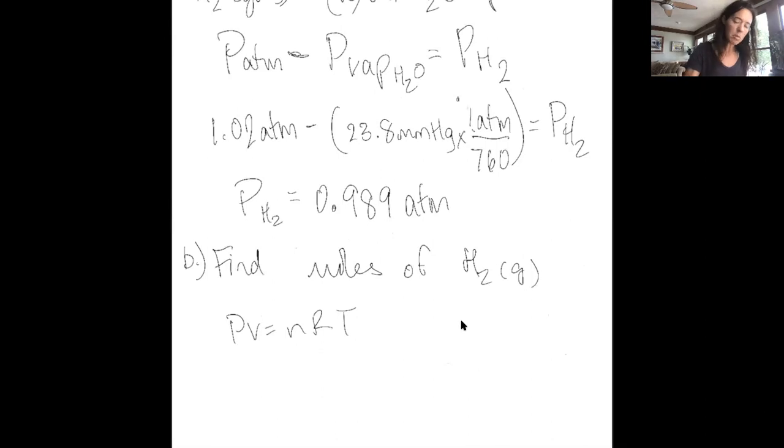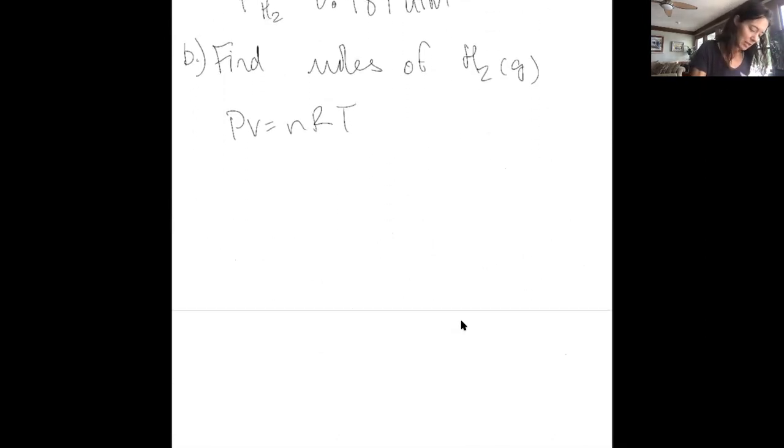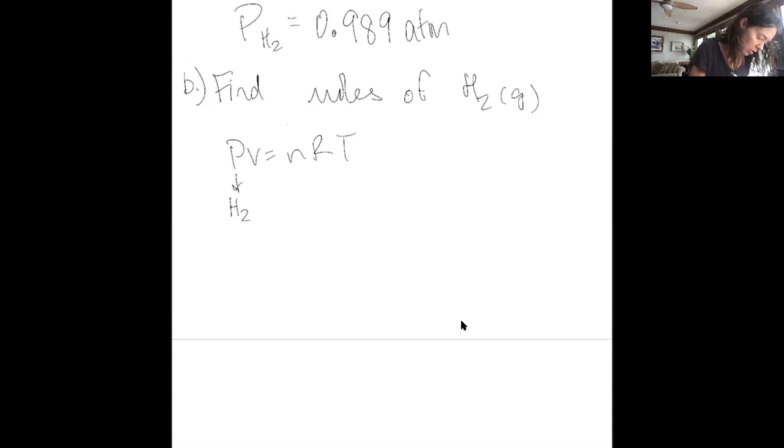The ideal gas law can only be used with a gas. It's the gas law, so my moles must be the moles of a gas to use the ideal gas law. And I'm doing the pressure of the hydrogen, remember? So I'm going to use my pressure of the hydrogen, and that's 0.989 atmospheres. I need the volume of the hydrogen.